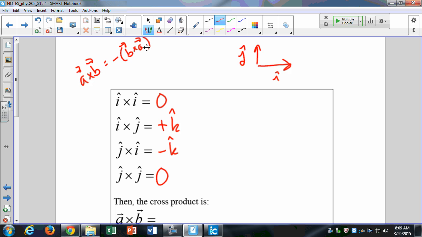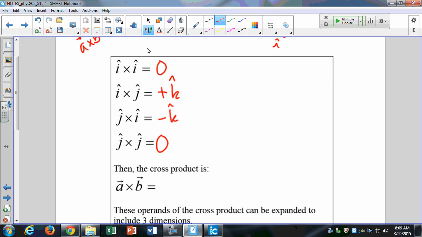So while I cross J is plus K, J cross I is minus K. So then our cross product from that original one that we did is going to be AXBY minus AYBX, K, because our I cross J is plus K, our J cross I is minus K.